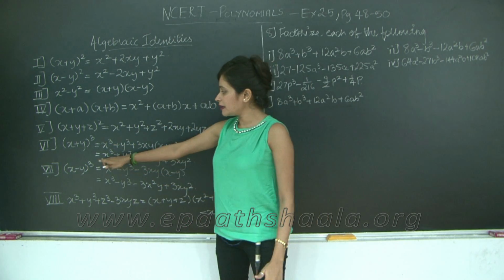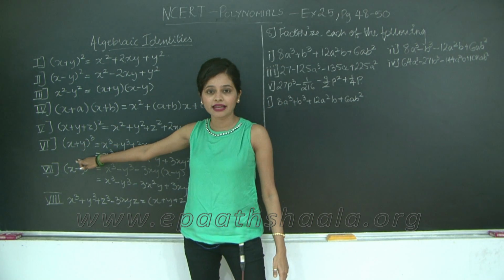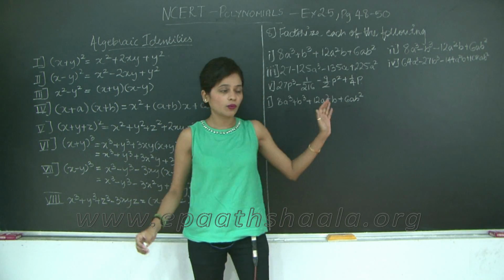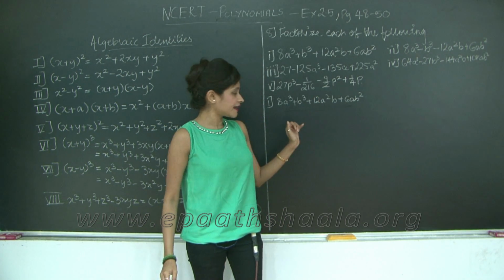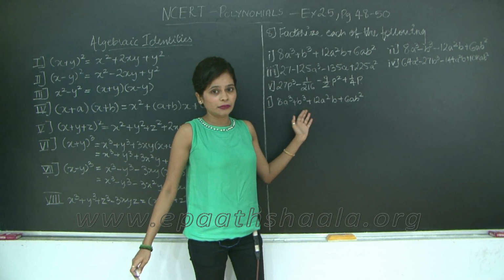Now we've been given the right hand side in the question. That means we have to find what is on the left hand side. So I'm just going to swap this identity while writing it over here, and instead we have x and y over here, but we have a and b over here.